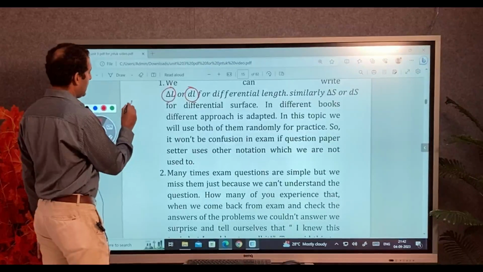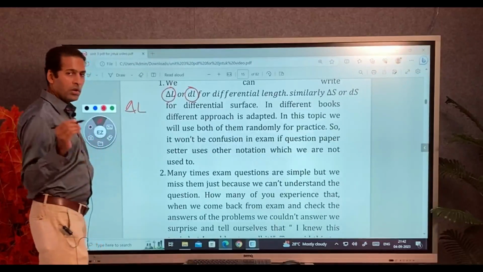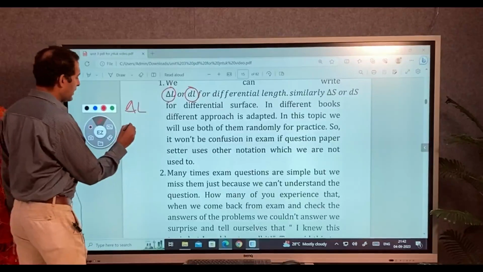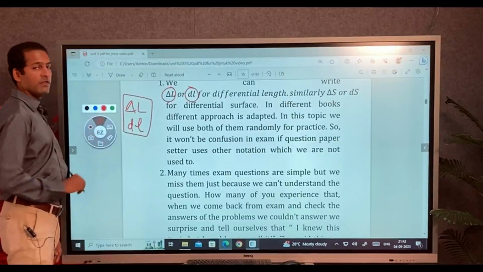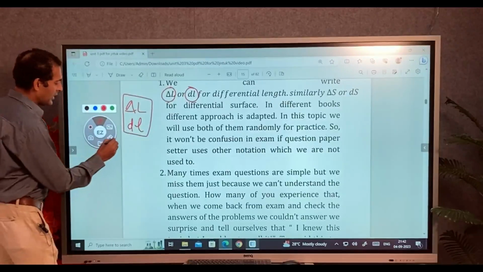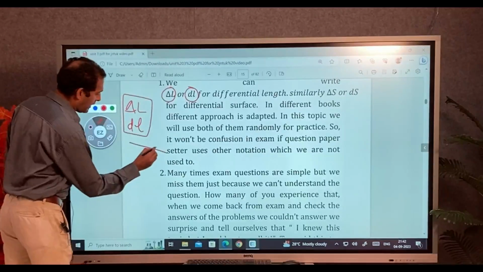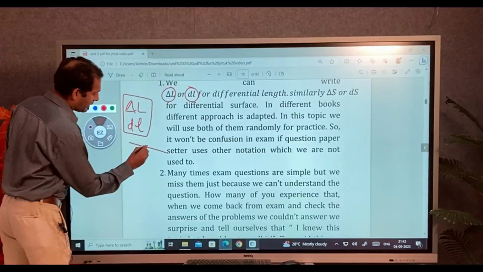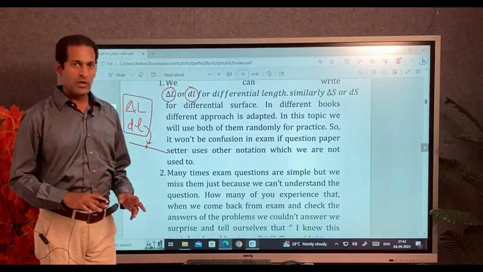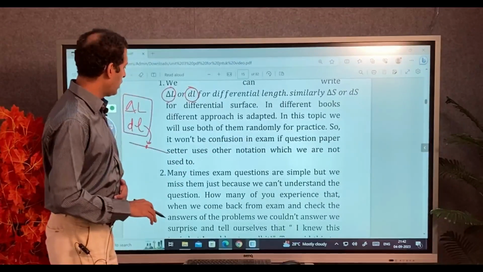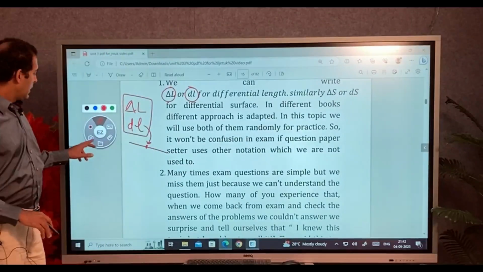Delta L is nothing but a small differential length, or we can write it as dl, that is also nothing but differential length. This differential length may be present on a conductor line. We will use them interchangeably so that we can have practice for both of them.